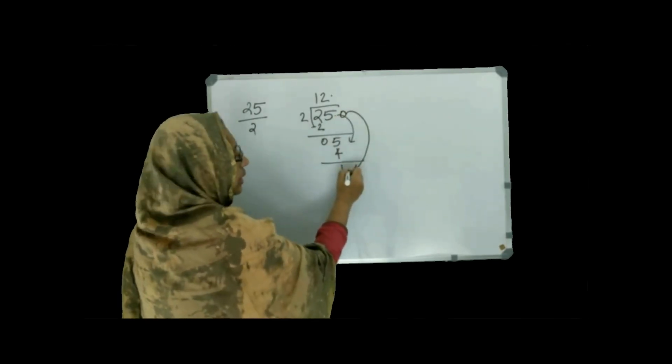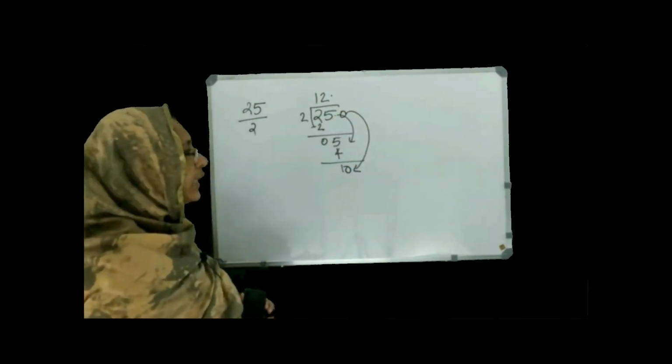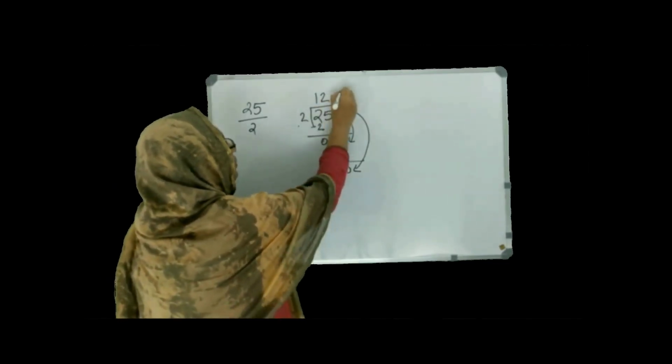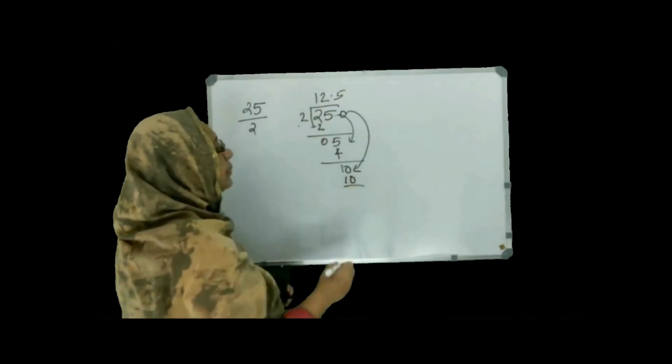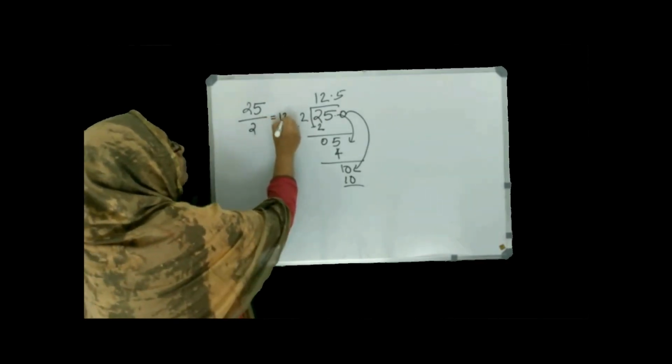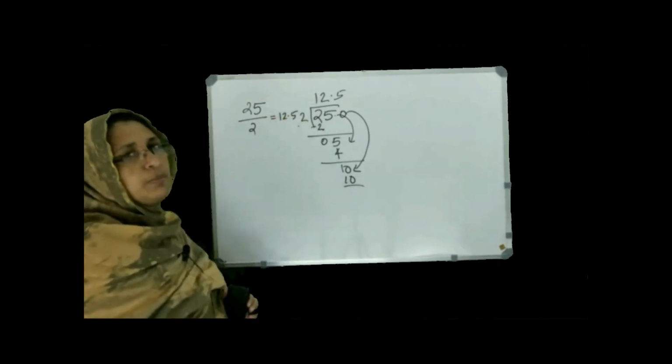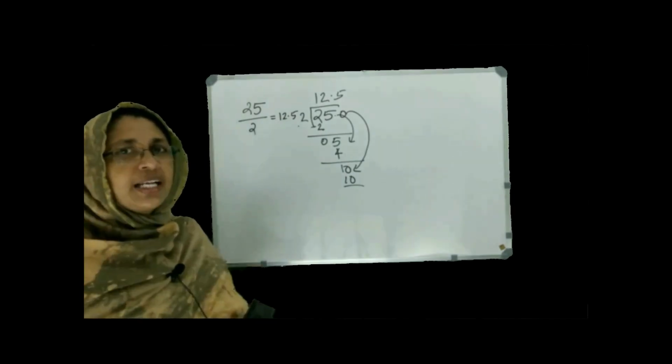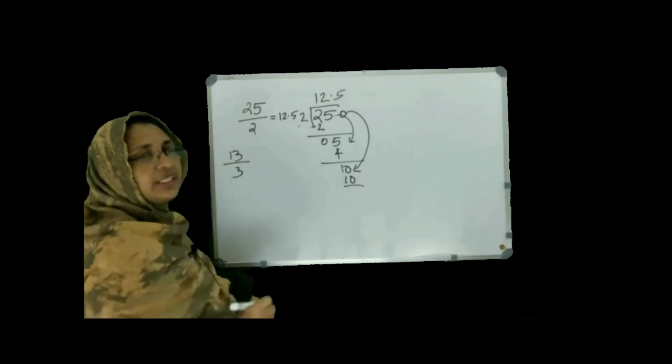This 0 comes down, 10. 2 fives are 10. So 25 divided by 2 equal to 12.5.